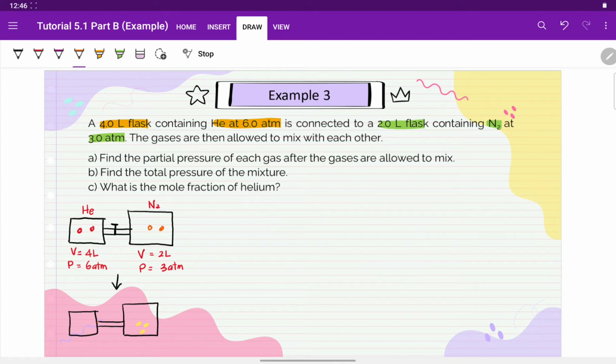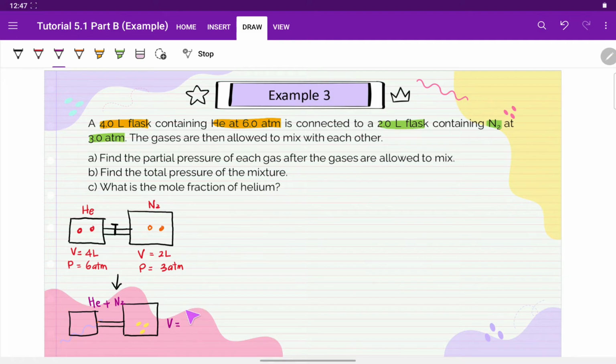container. Okay, so bila gas ni boleh bergerak bebas, apa yang telah berlaku sekarang adalah, dalam bekas ni, sekarang ni helium dah tambah dengan nitrogen. Okay, maksudnya dia bukan react with each other, dia just inside the container ada dua. Okay, so volume, kita akan dapat volume baru.